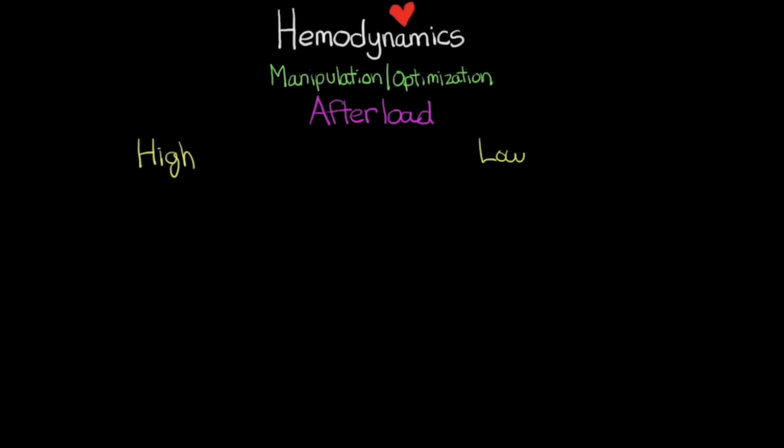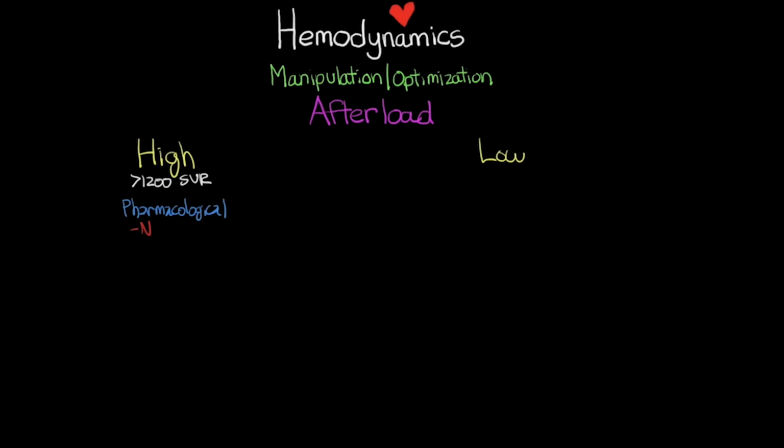So our high afterload is going to be our greater than 1200 for our SVR. And so think about the heart, that pump is having to work hard against that resistance in order to eject the blood. So we can either treat that pharmacologically.